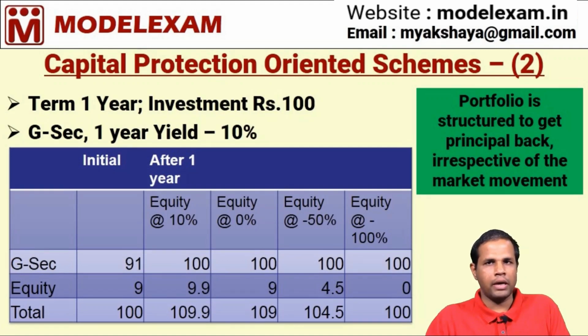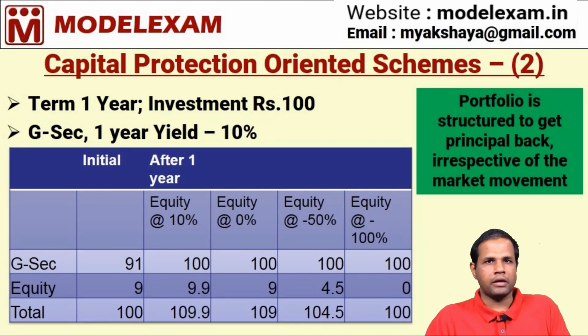In this scenario, again the government security will deliver rupees 100 after 1 year, whereas equity will become half of it. That is, the fund manager would have invested rupees 9 and at 50% negative return, it will become 4.5. So what is the total maturity amount? 100 plus 4.5, that is 104.5.